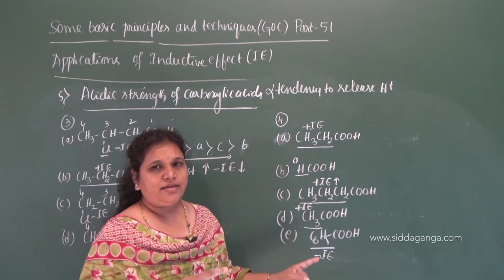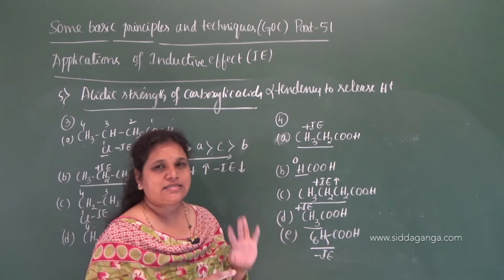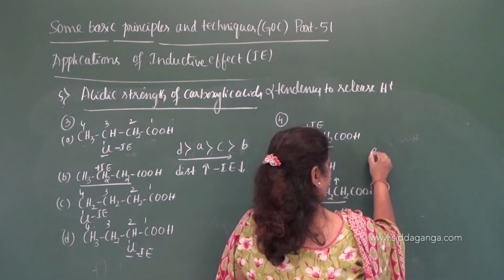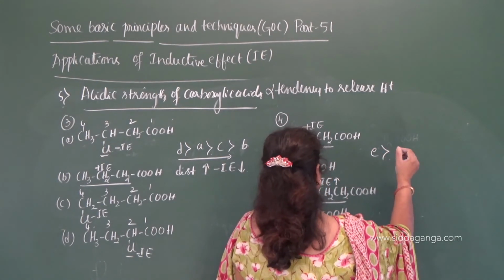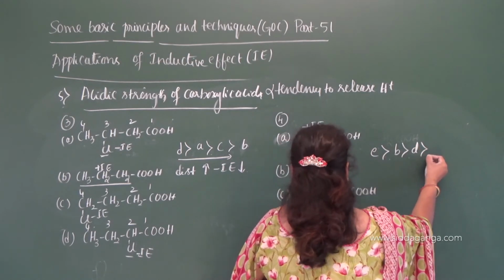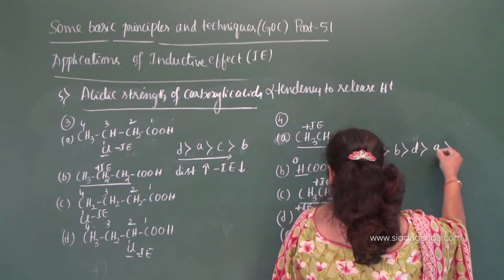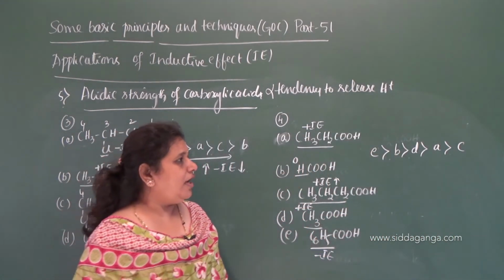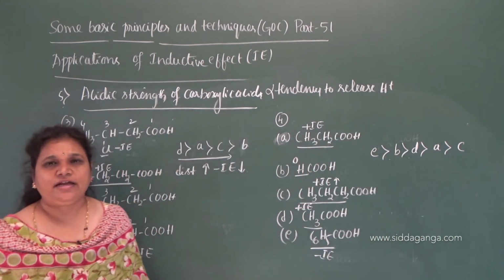Therefore, the higher the positive inductive effect, the lesser the acidic strength. Then what is the order? The order is E is more acidic than B, which is more acidic than D, which is more acidic than A, which is more acidic than C. So this is the order of acidic strength of different acids.